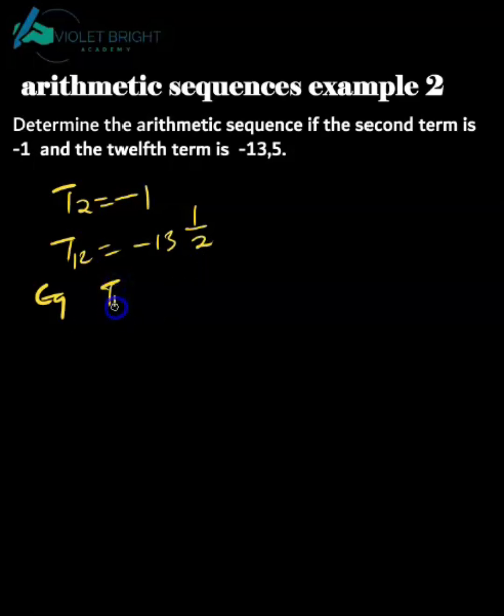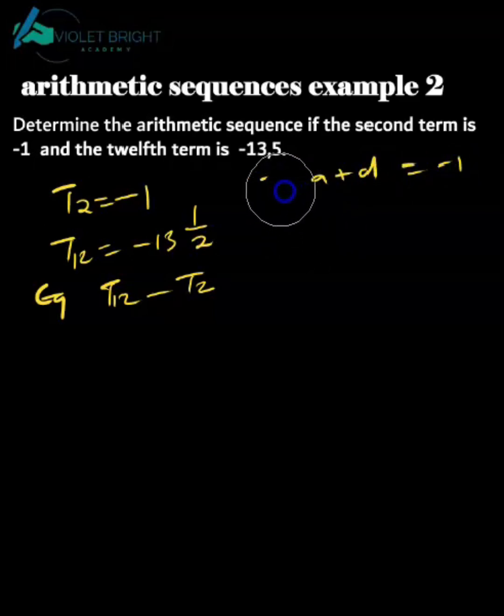So let's say T12 subtract T2. We know that T2 is a plus d equals minus 1, and T12 is a plus 11d equals minus 13.5.